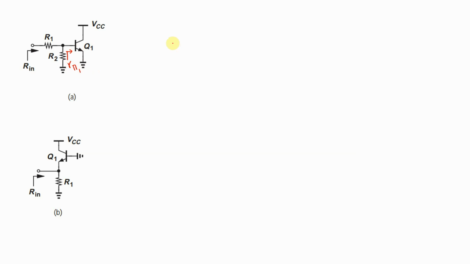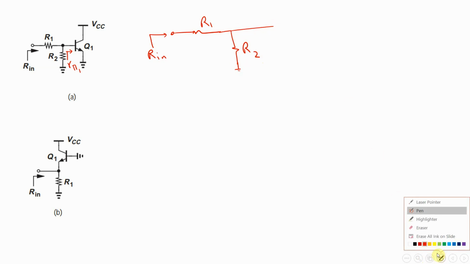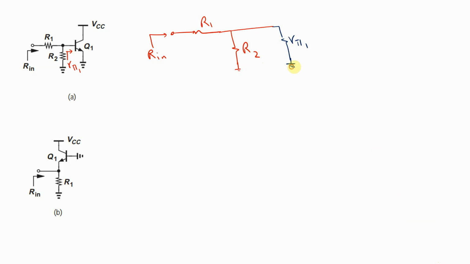So here I'm going to redraw the circuit again to calculate Rin. Here we have R1, R2, and this is R pi 1 from the BJT transistor.